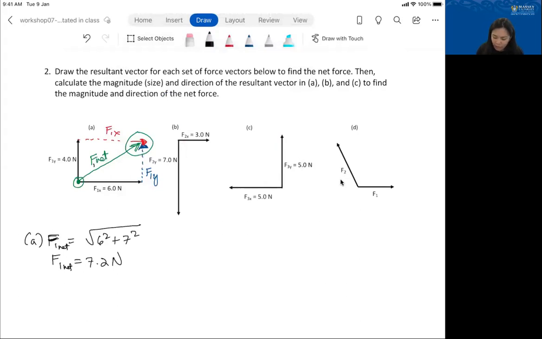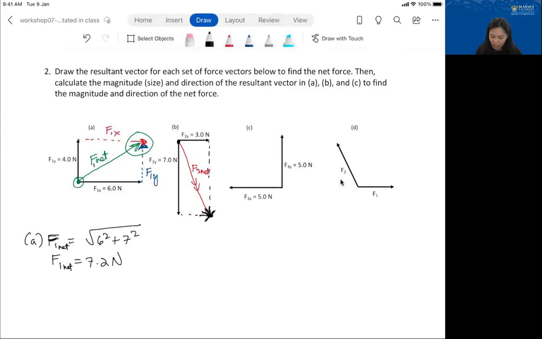For the second vector, you do again the same thing. You do the parallelogram method, copying all your vectors, and your net force should go this way. F2 net. Notice how you'll find points where all the tails meet and all the heads meet, and that's the reference point for drawing the net force.